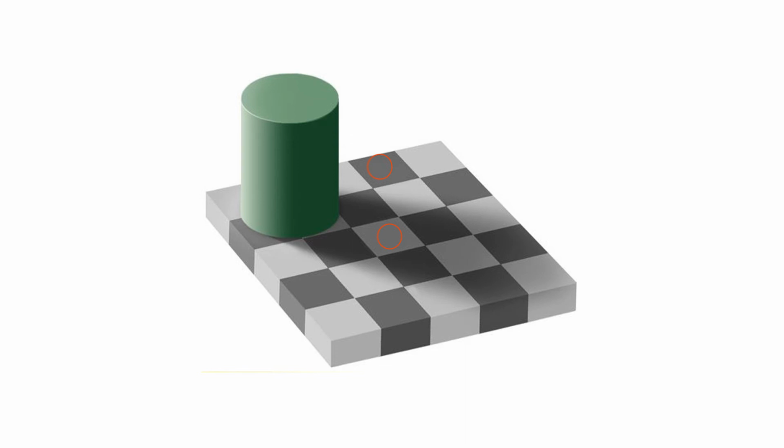If I asked you which blocks on these checkerboards were darker, the one circled on top or the one on the bottom, you wouldn't bat an eye if it was just a normal image that you were looking at. You would say, well, obviously, it's a much darker hue, the one on the top than the one on the bottom.